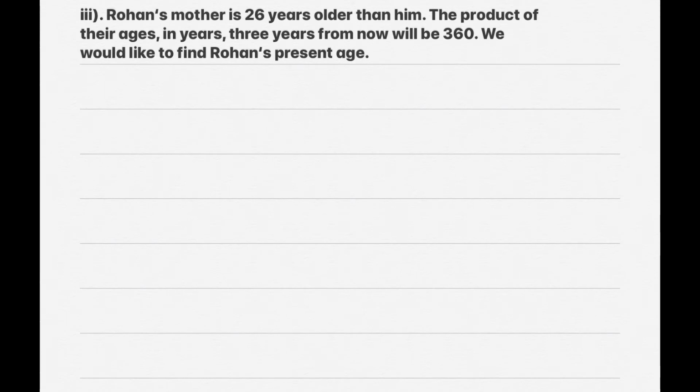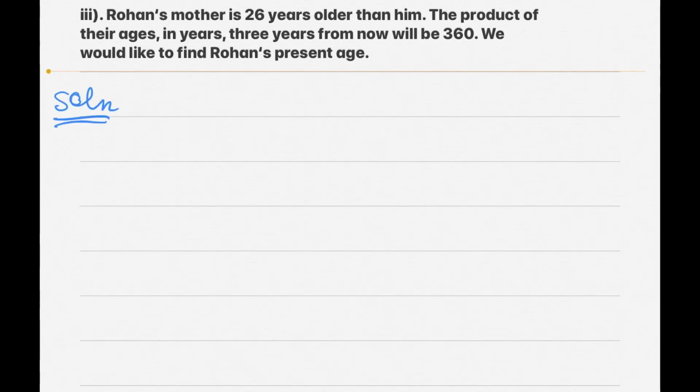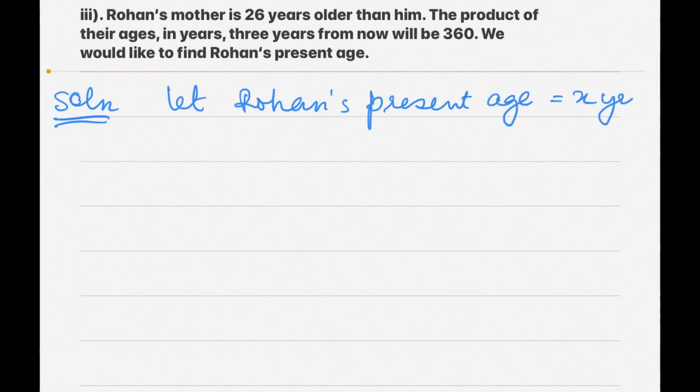Okay, so because we have to find Rohan's present age, I'll take Rohan's present age to be x. So let Rohan's present age be x years. Okay, now let's see how we can make the equation.